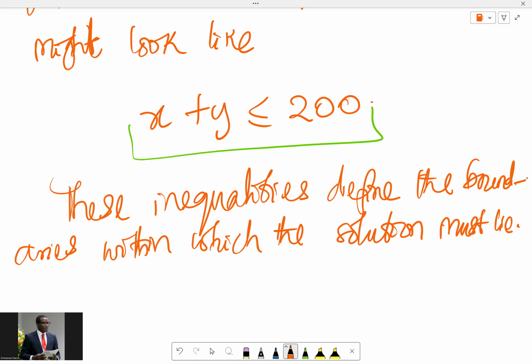Now I want to talk about the types of constraints. That's really important. And of course, other terms are coming up.